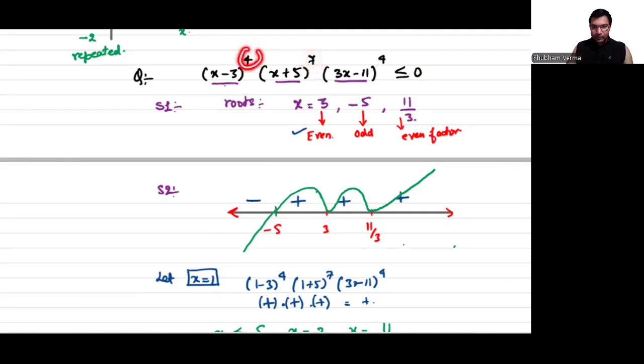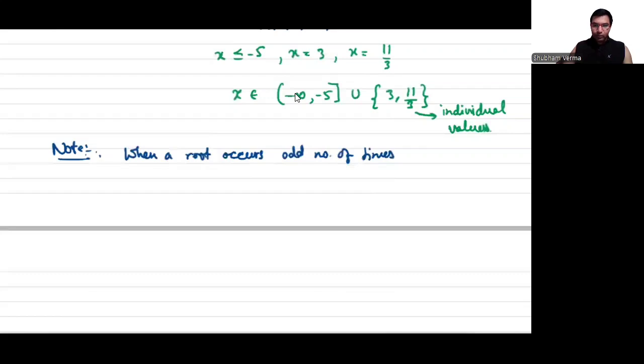This is odd, this is even, and this is even. So in that sense, when a root occurs an odd number of times, the sign changes across the roots. So this is the first thing.